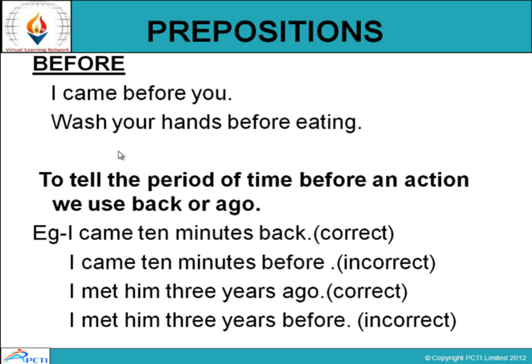To indicate the duration of some action, we use ago and back, not before. Like, I came 10 minutes back, correct. I came 10 minutes before, incorrect. I met him 3 years ago, correct. I met him 3 years before, incorrect.